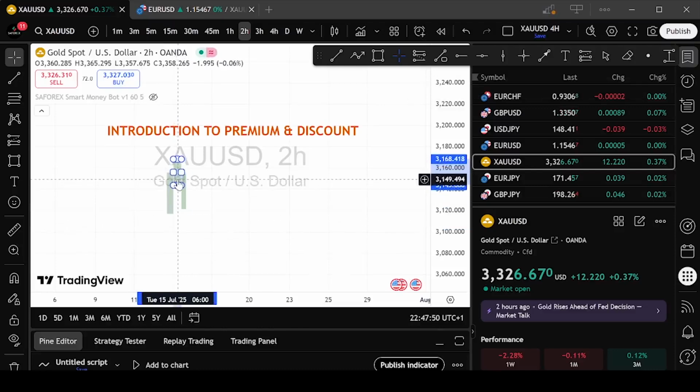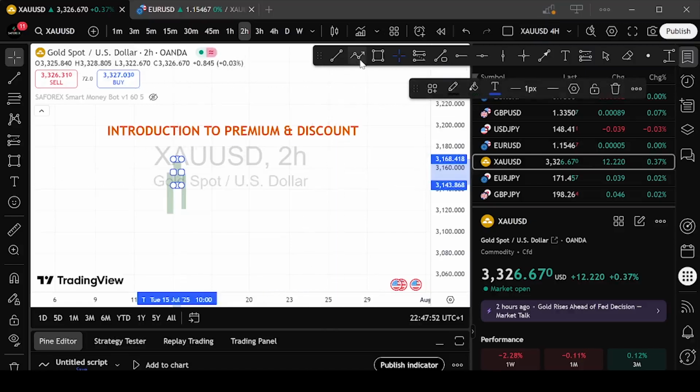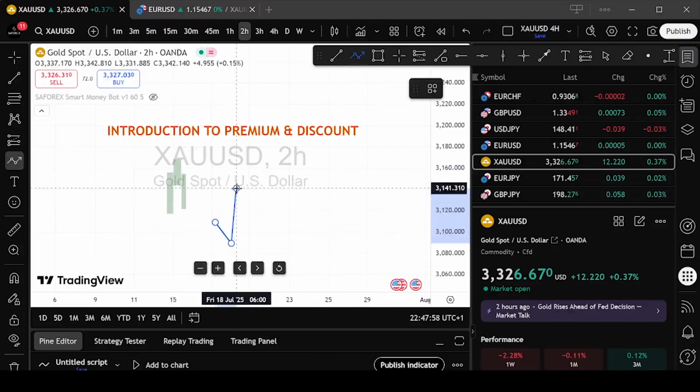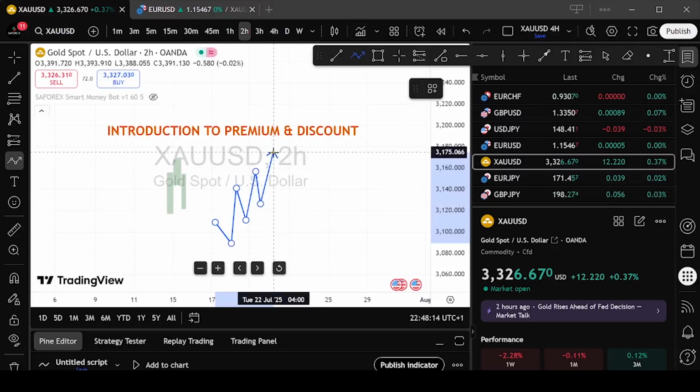Now, when the market is retracing, for instance in a bullish market where the market is forming consistent highs and lows, what starts the retracement is always a swing high. And for the impulsive leg, it begins with a swing low. I hope you know what an impulsive leg means.